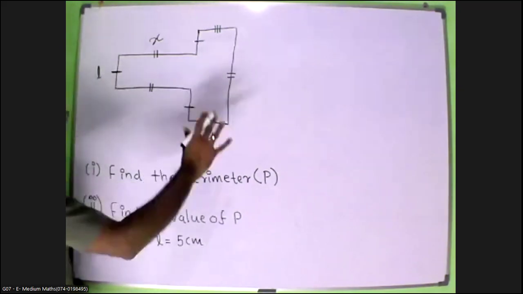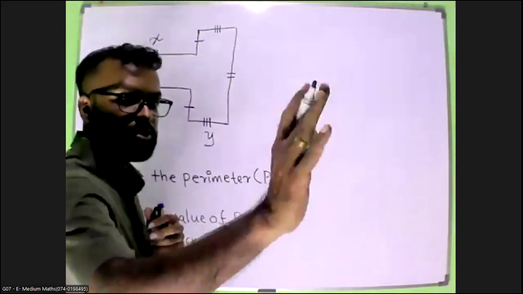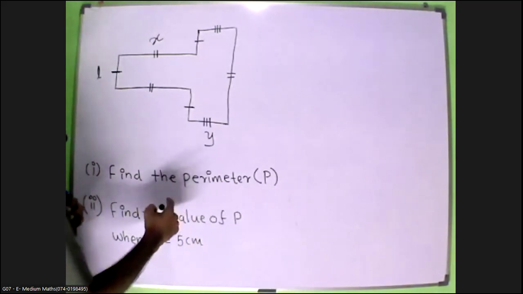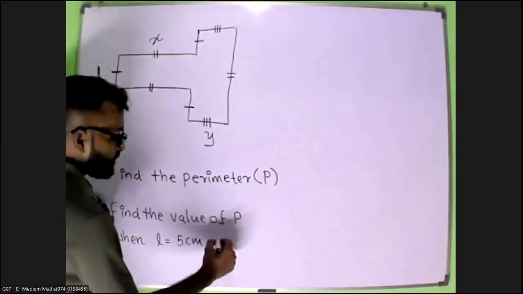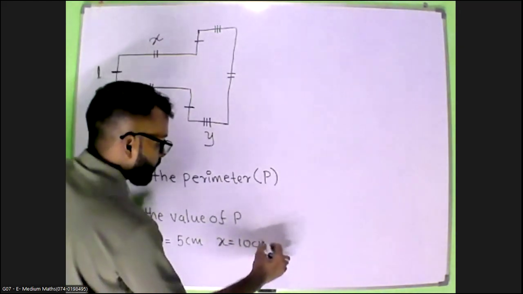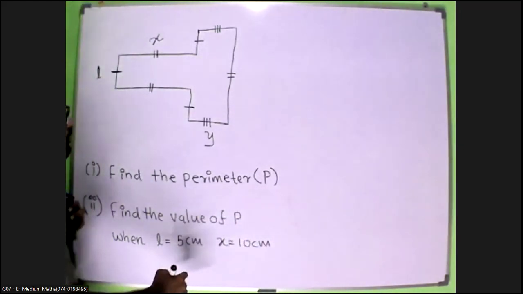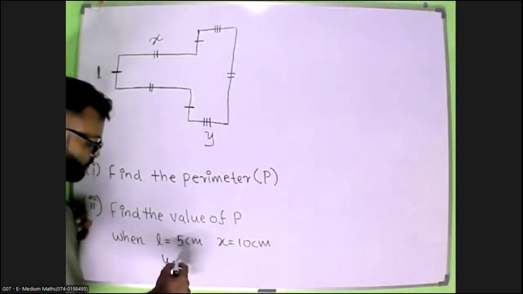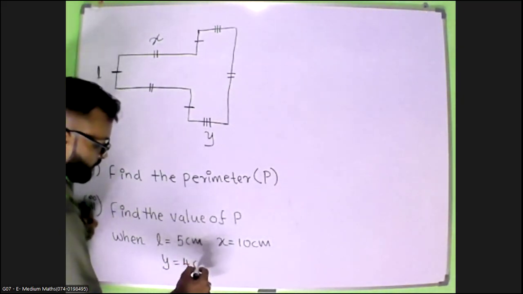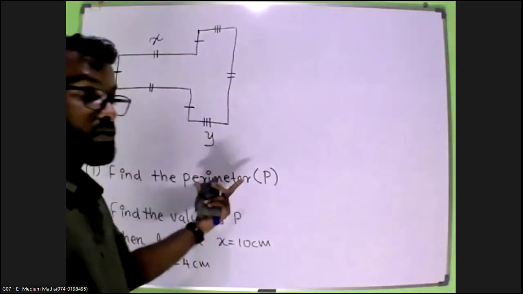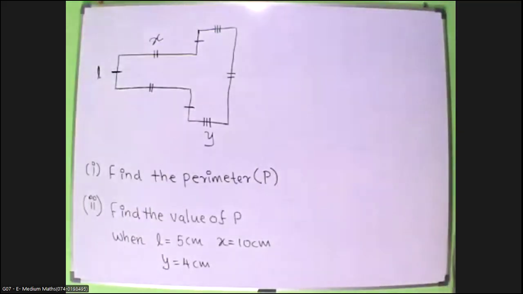So you can draw and write, and at the end you can send me the answer. I want to see you finish first. L equals 5 centimeters. X equals 10 centimeters. Y equals 4 centimeters. Please draw this and let me know the answer.